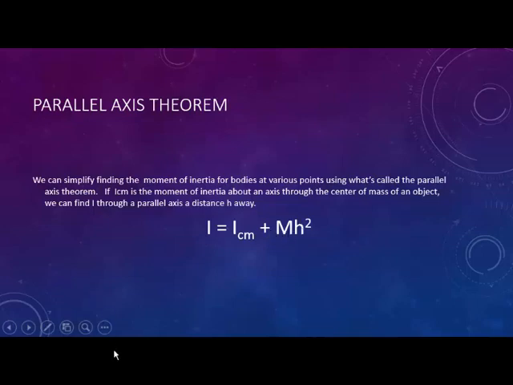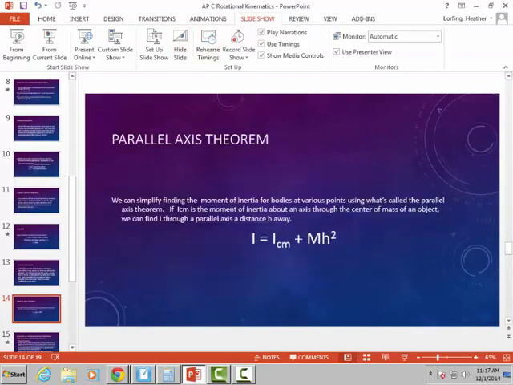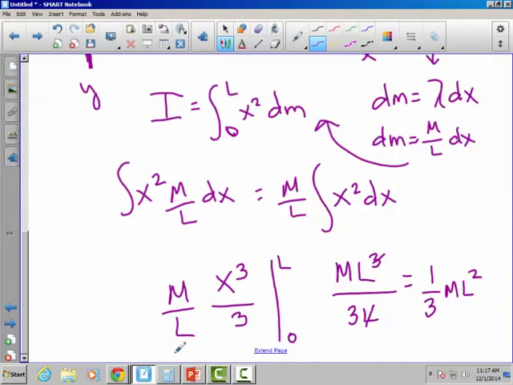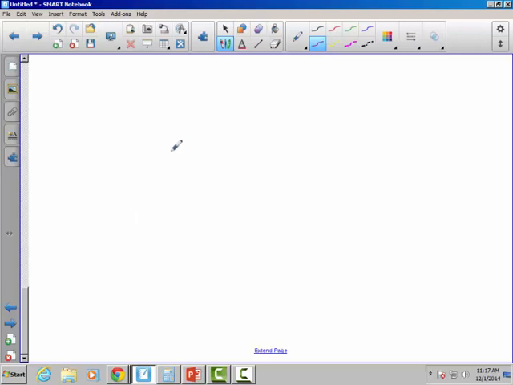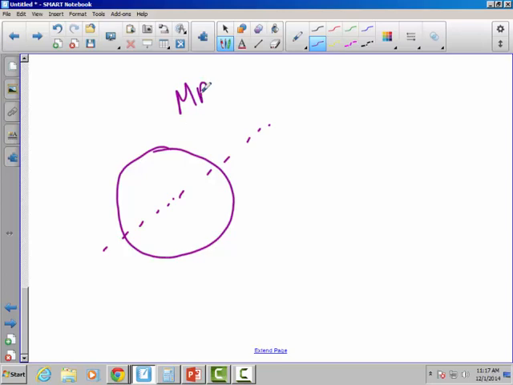So for example, let me show you guys what that means. Let's say I have a sphere, or let's just use a hoop since we already talked about that. And I know that the moment of inertia for an axis around its center is mr squared.